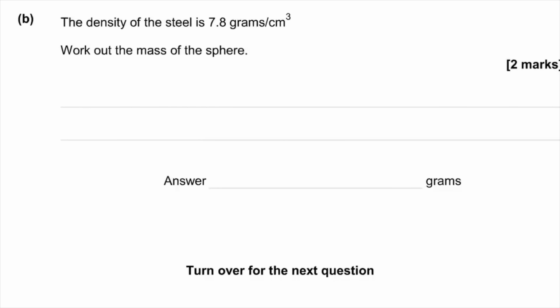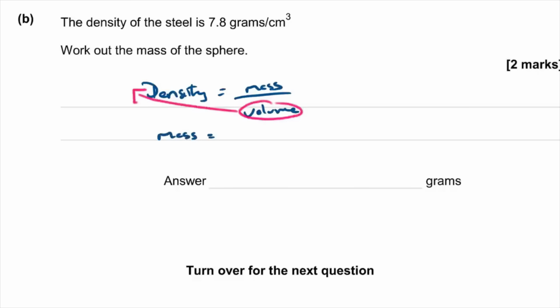In part B, we're told that the density of the steel is 7.8 grams per cubic centimetre. Work out the mass of the sphere. Well, the formula for density is mass over volume. So rearranging that, to make mass the subject, we're going to take this and cross multiply it up here.